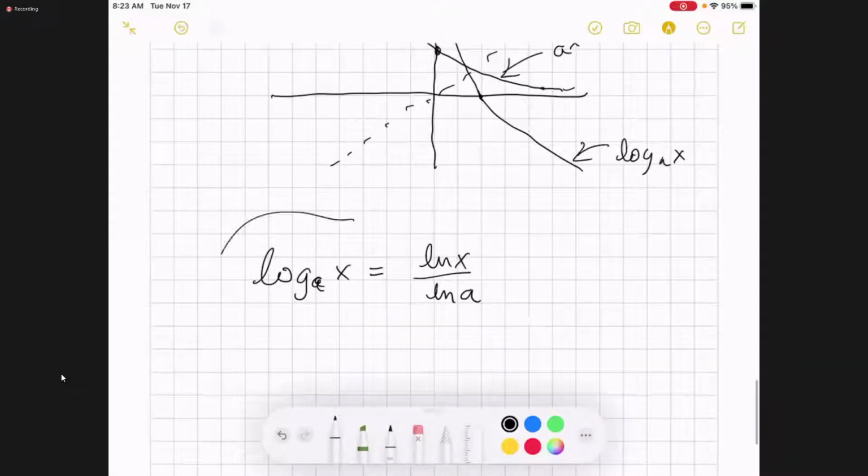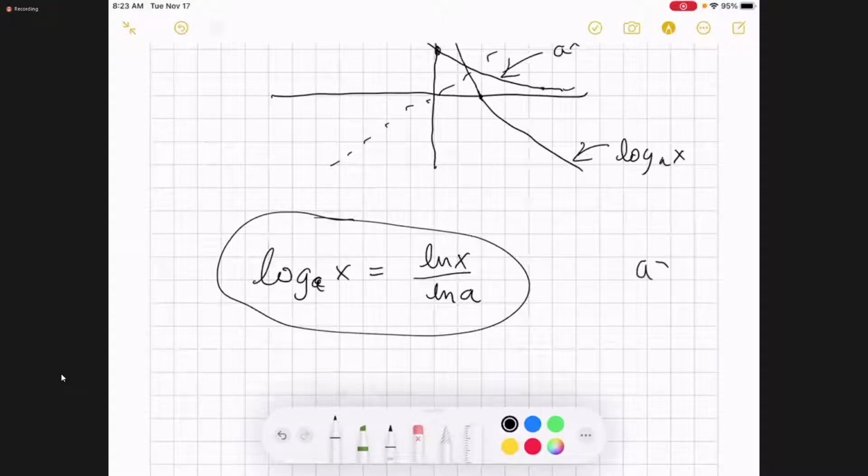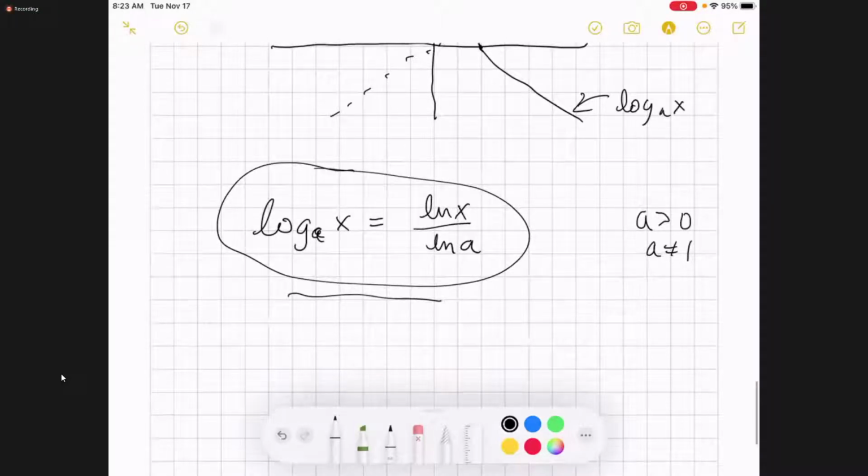So you can write all these logs in terms of the natural log. Remember, a would be a constant here. And a must be greater than 0 and not equal to 1 for this to make sense. Why is this true? Let's prove it.